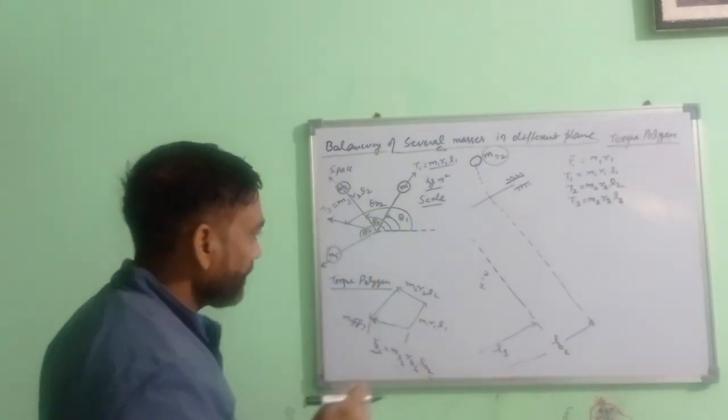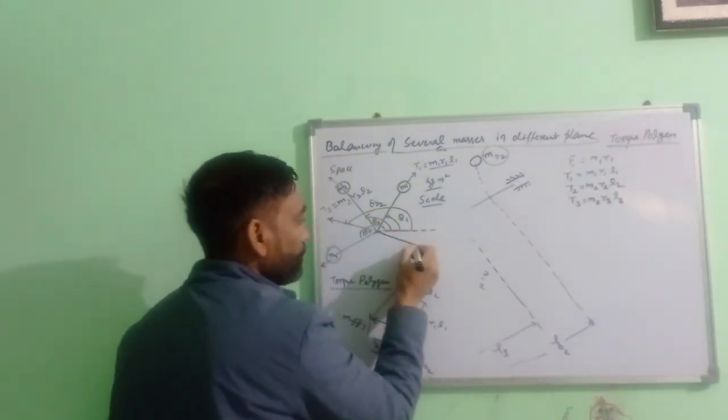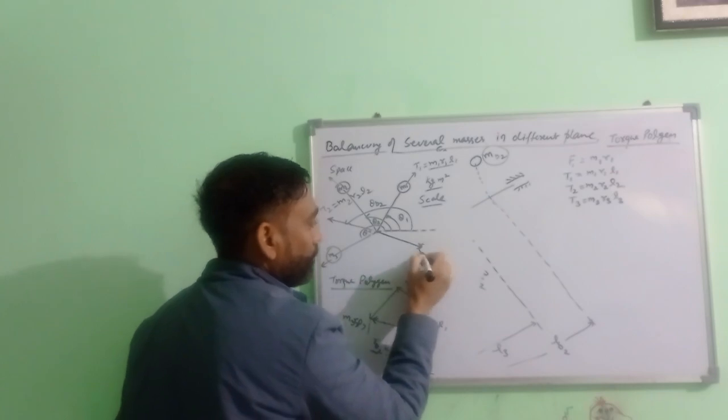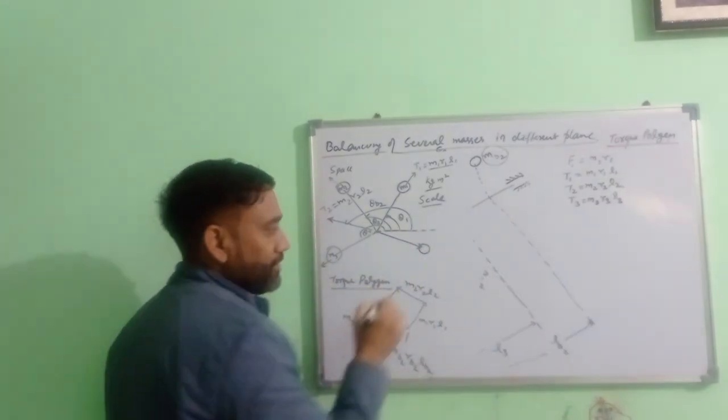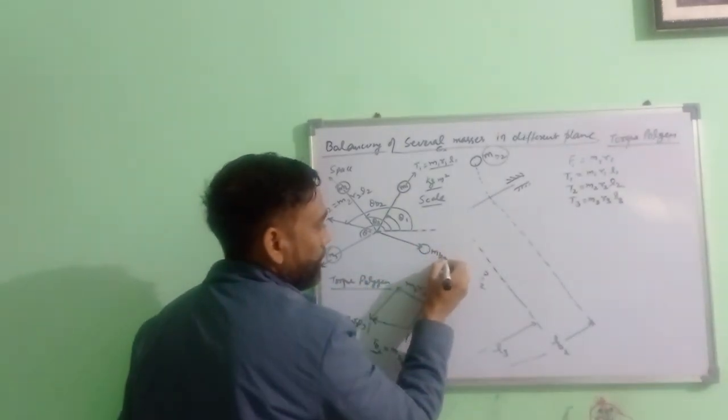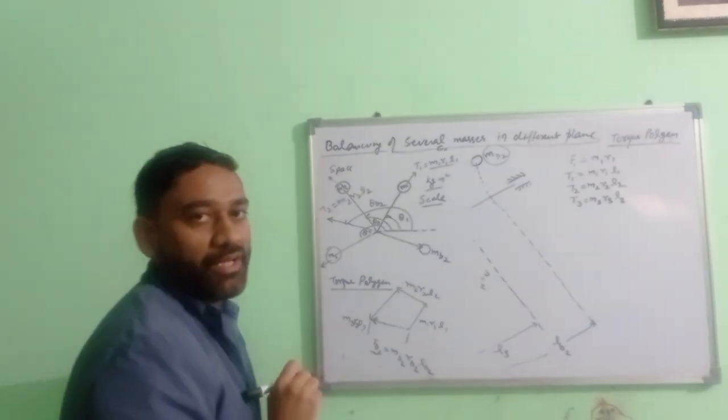This is the angle theta b2 of the resultant, and the opposite of this we make the mass. This is the mass mb2.